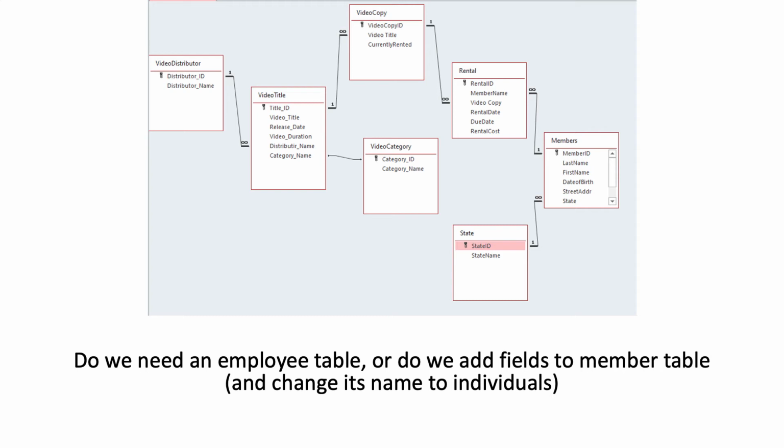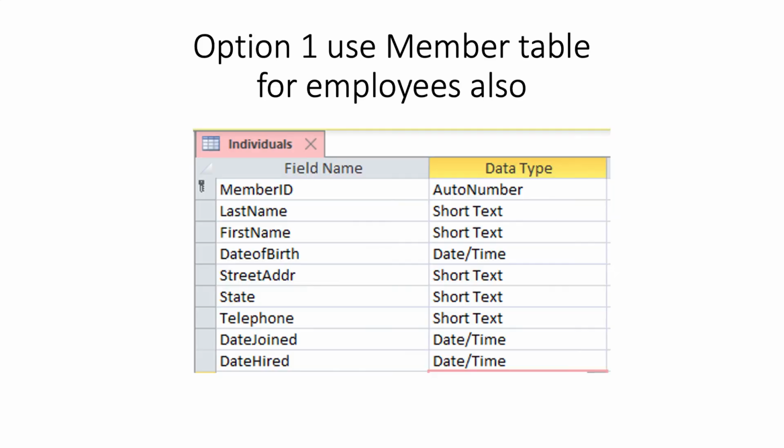So I lean toward changing the members to persons or individuals, and going this way. So we have an individual, and I forgot to change member ID, but you've got their last name, and you have the date they joined, and that they started work here, and you have the date they were hired.